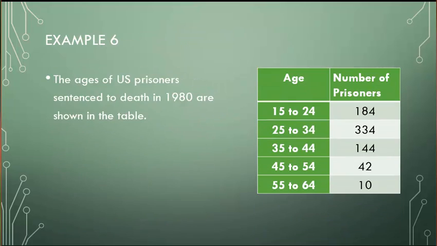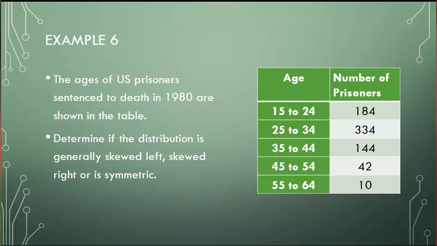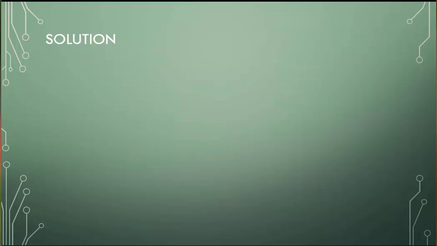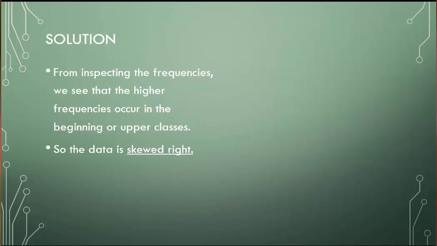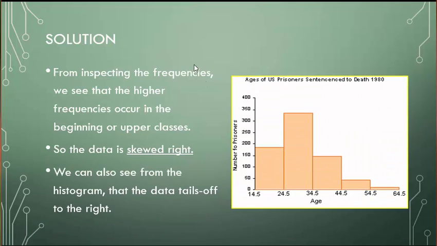So let's take a look at an example here. The ages of U.S. prisoners sentenced to death, we've already seen this, is shown in the table. Determine if the distribution is generally skewed left, skewed right, or symmetric. Well, I went ahead and made a histogram of this data. Let me show it to you. There it is right there. You see here, the data starts out here.